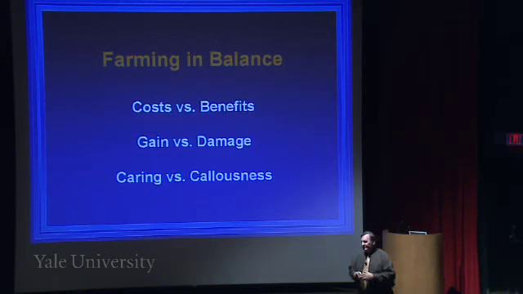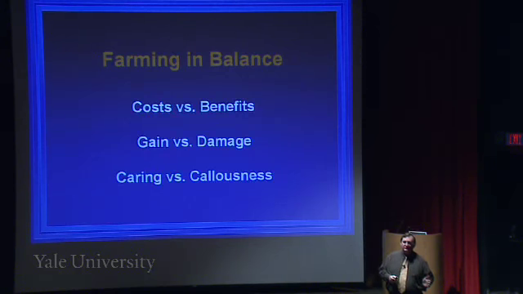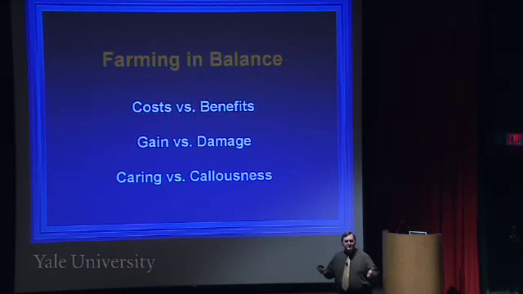Within that wide array of farming practices, there are farmers who care deeply about the land, and others who care less and are just in it for the profit. There are some who care deeply about the animals they raise, and others who care less about them. There's caring, there's callousness, there's really all of this mixed into the picture.